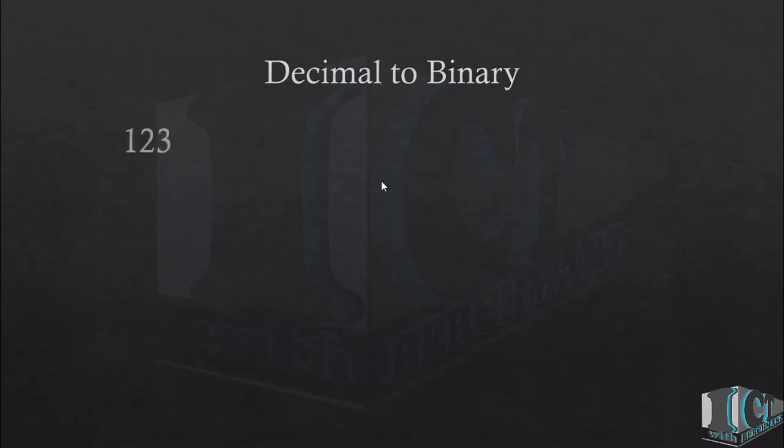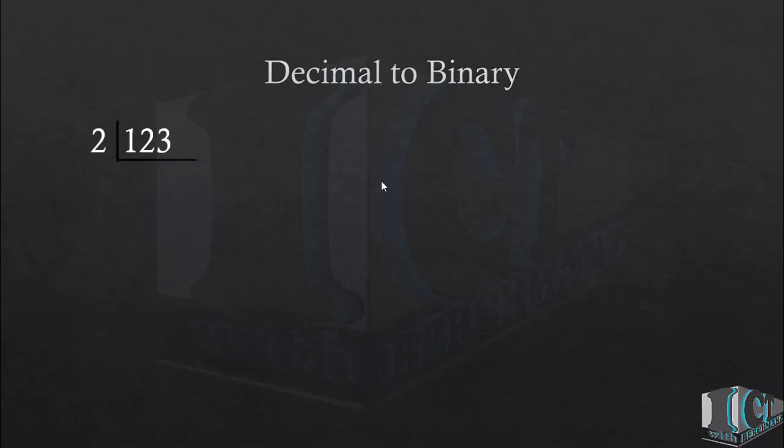Since I need to convert it to binary, we know it has the base value 2. So the method to convert any decimal number to any of the number systems is divide by the base. So I am going to divide this 123 by the base of the number to which I want to convert it. So 123 will need to be divided by 2.